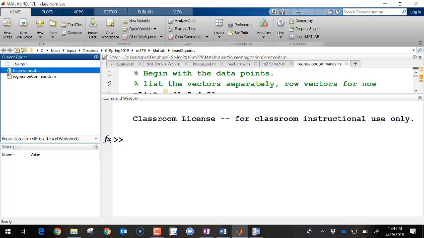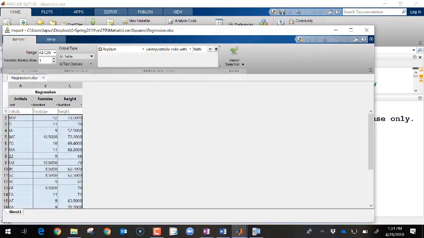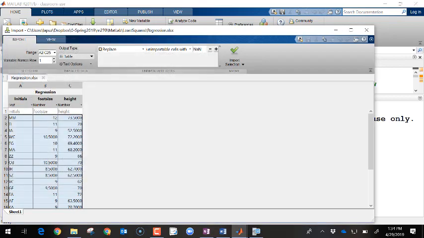Import data. What happened? There we go. So this is the data that we just collected, right?